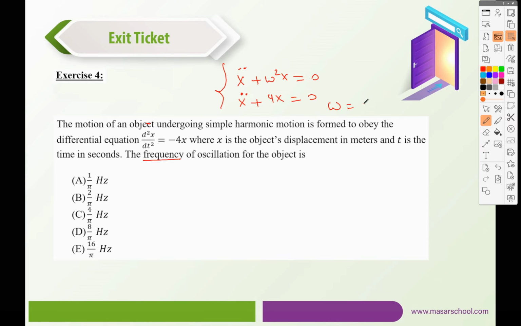Then omega is 2 radians per second, but we're not interested in omega, we're interested in f. Omega is equal to 2 pi f. Then f is given by omega divided by 2 pi, which is 2 divided by 2 pi, and that would be 1 over pi, and the unit of the frequency is hertz, making A the correct answer.